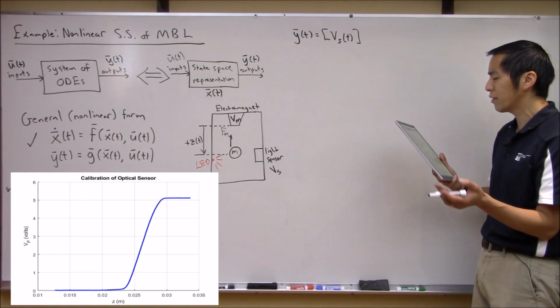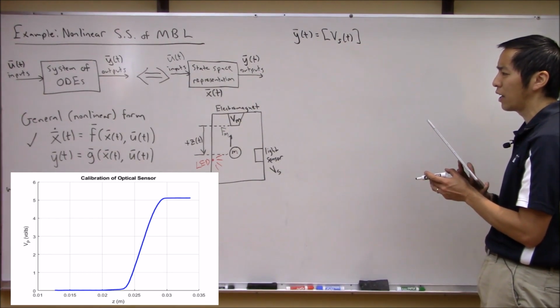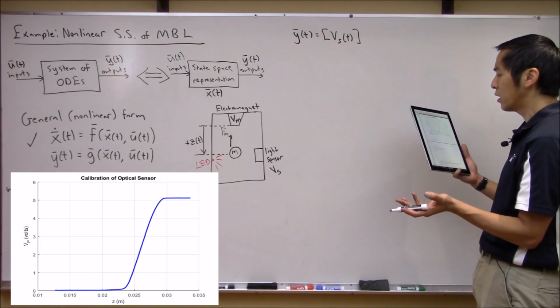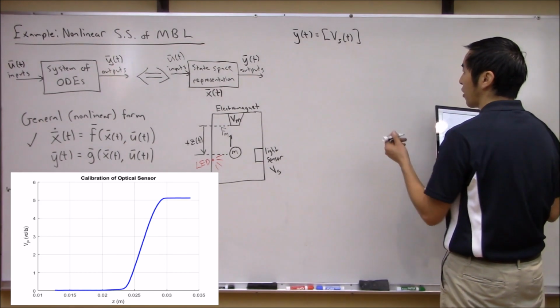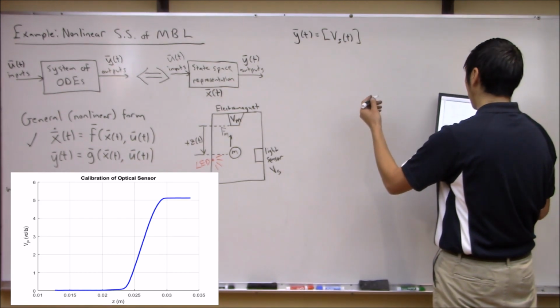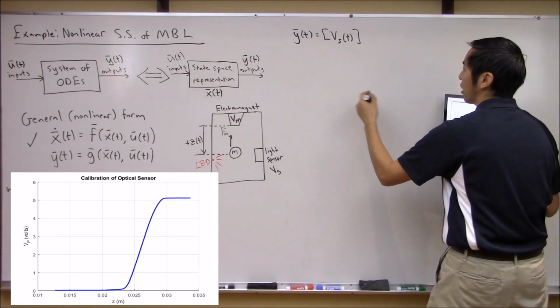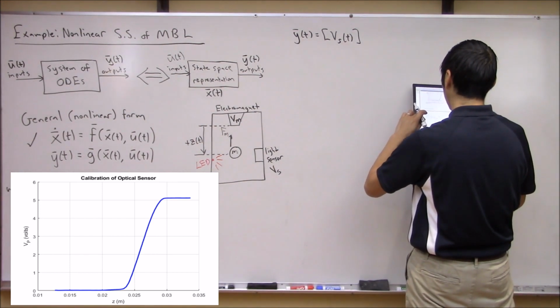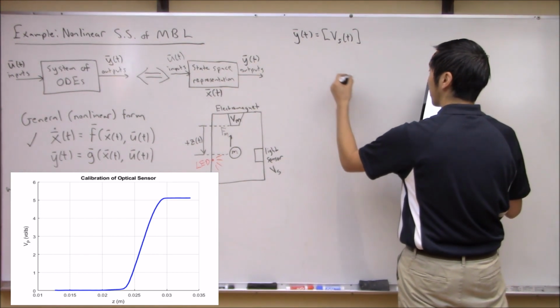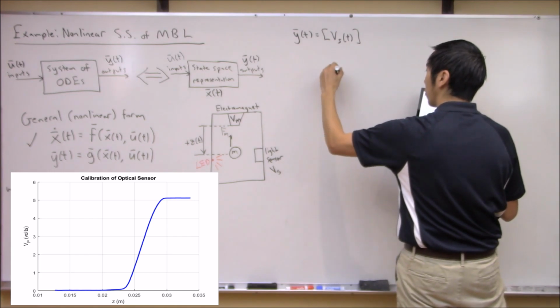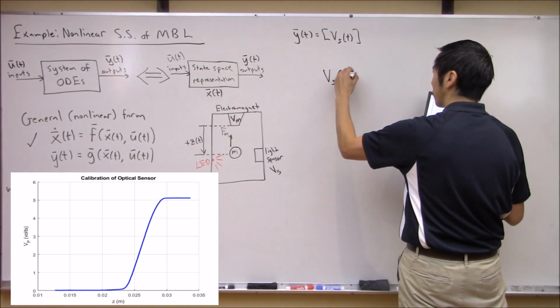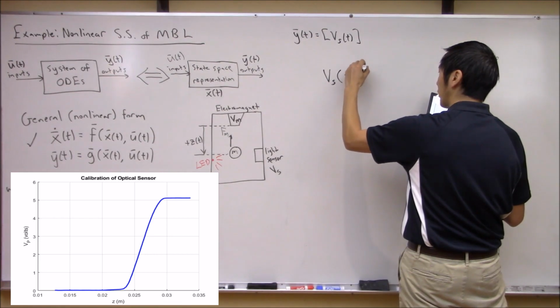Luckily for us, this function isn't so bad. In fact, it's quite nicely fit by using a sigmoidal type function. I'll just write up real quick the function that I ended up using. Vs is only a function of the position, z of t.